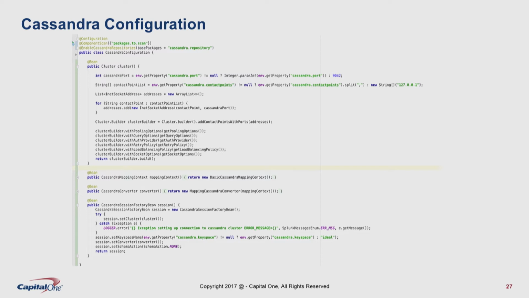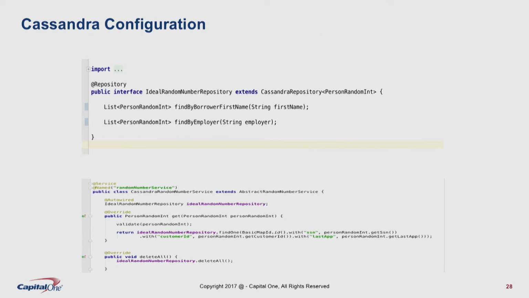A few things that I would like to point out over here is we are using Spring Data over here. So probably the next slide would give more details. Yes. The good thing about Spring Data is all you have to do is create an interface and extend the Cassandra repository. It is not just limited to Cassandra, it is applicable across all the databases, Oracle, SQL, NoSQL.